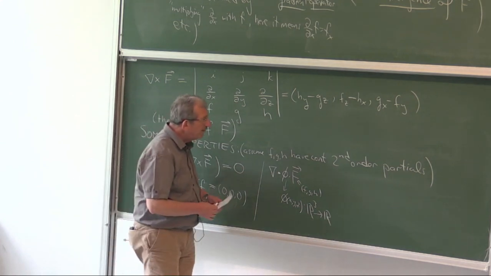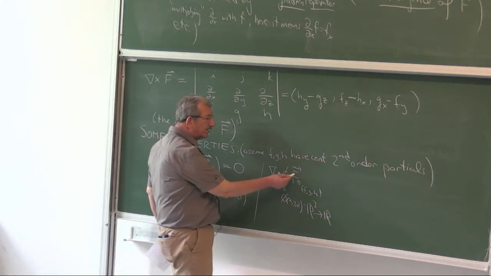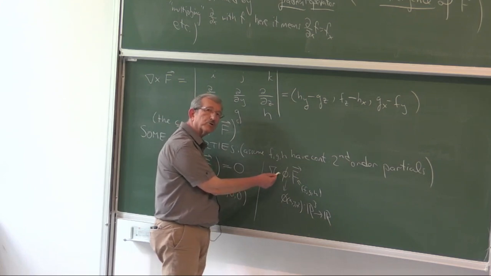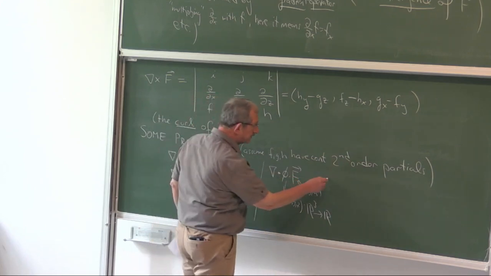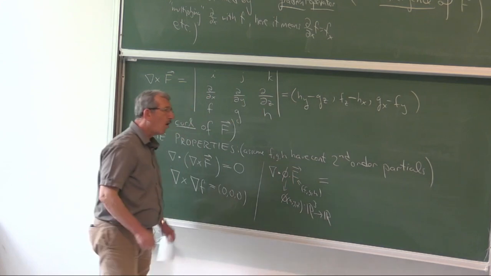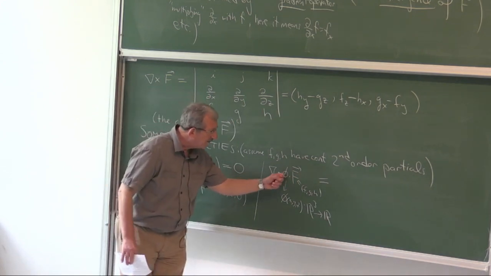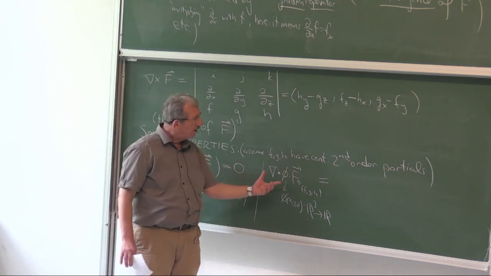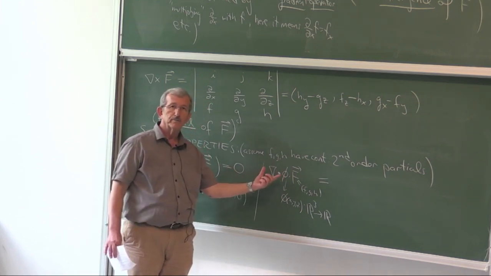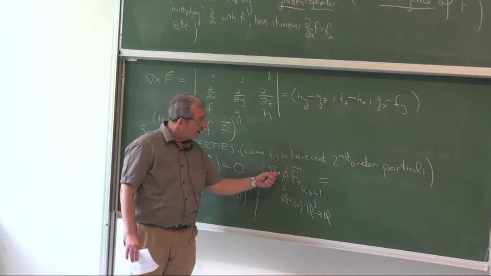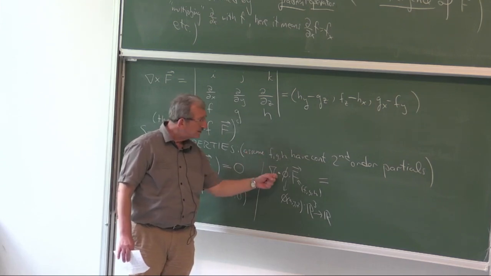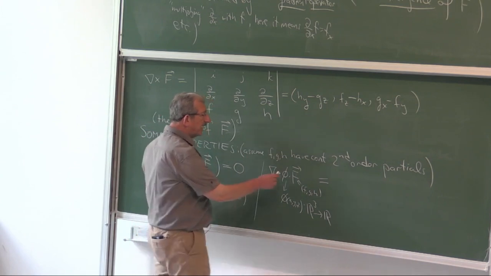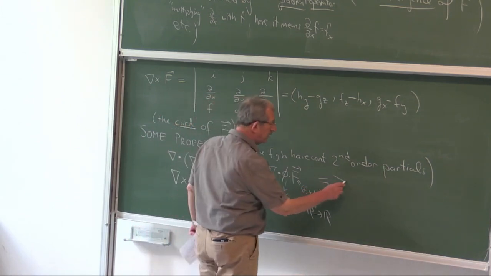Well, what do we have here? A vector times a scalar is a vector, so I can take the divergence. Now, of course, in both cases, in phi and F, we have x, y, and z. Therefore, this is a product rule. And the product is the dot product. So we take the derivative of phi.